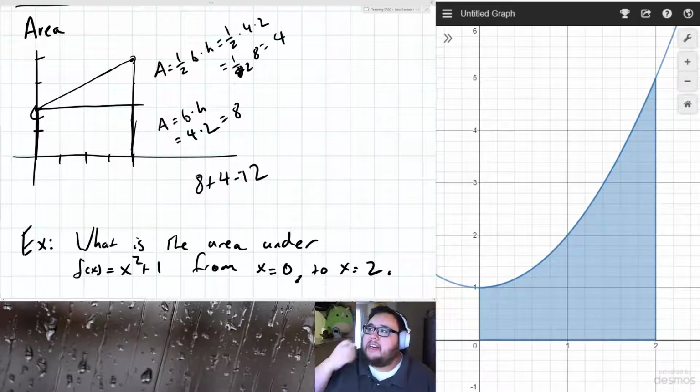So, does anybody have any ideas how we could find that area? Any suggestions for how we could potentially estimate this?